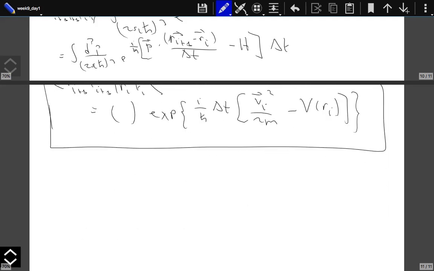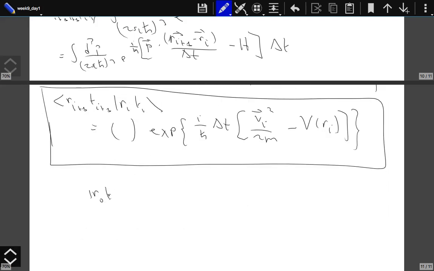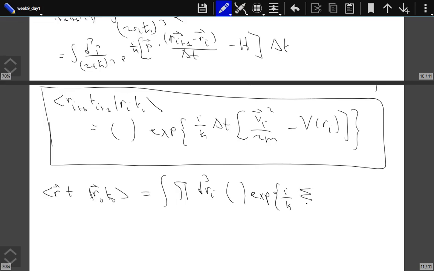So that path integral from r_0 at time t_0 to r at time t is, I still have integrals over r_i, there's some prefactor which I didn't write explicitly, and then I have the exponent of i over h bar, sum over all i delta t, v_i squared over 2m minus V of r_i.